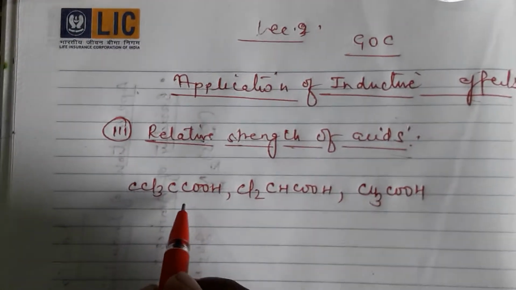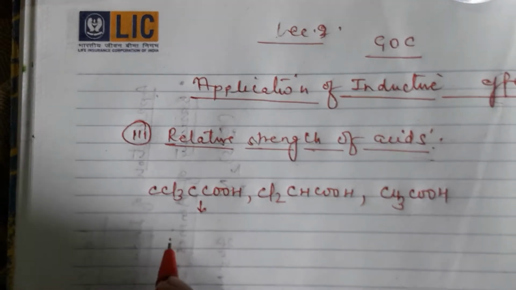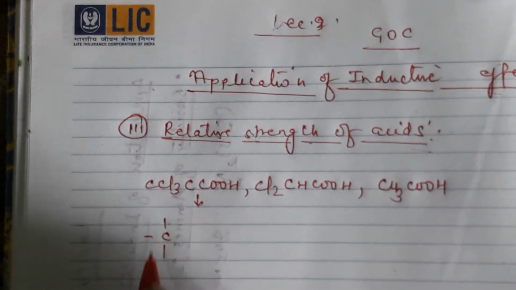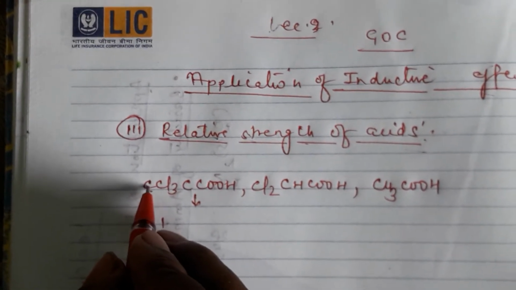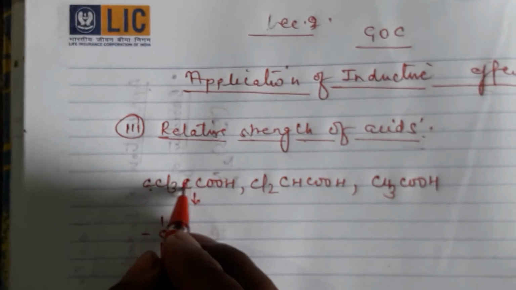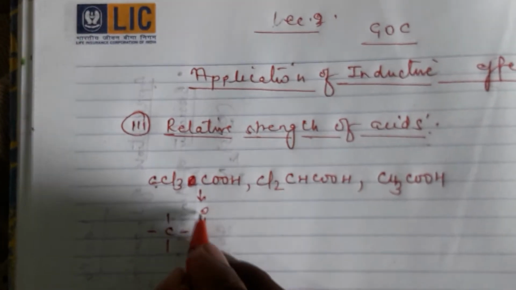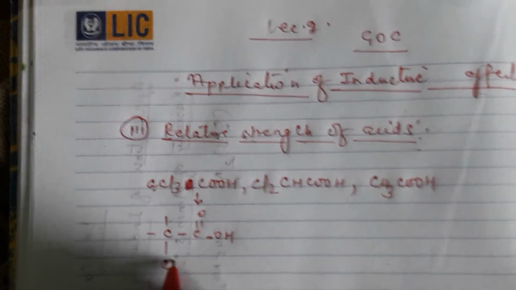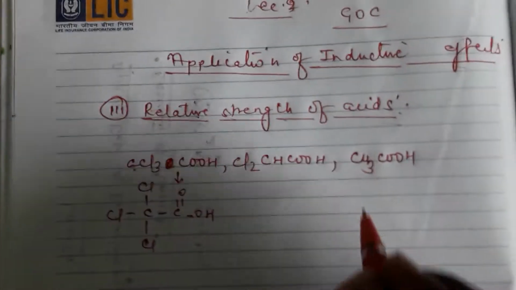First of all, you should open the structure. What is the structure in open form? Here 3 Cl are attached to the carbon atom, and then it is the COOH.